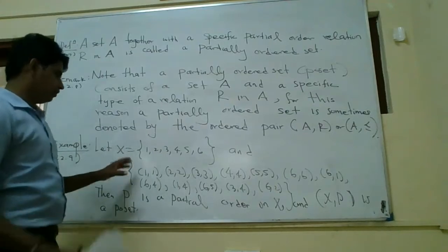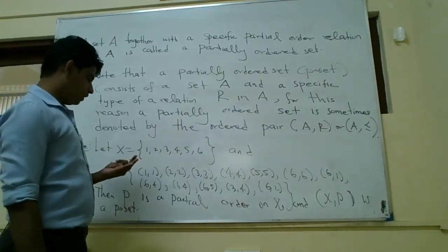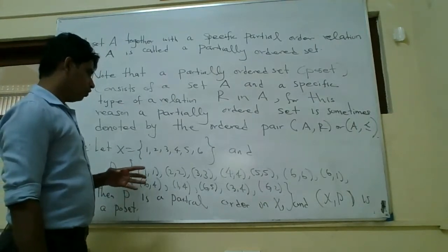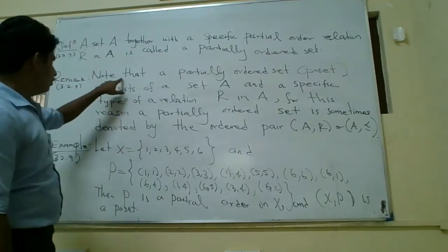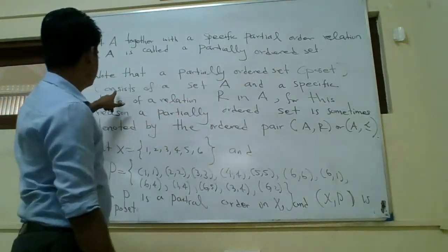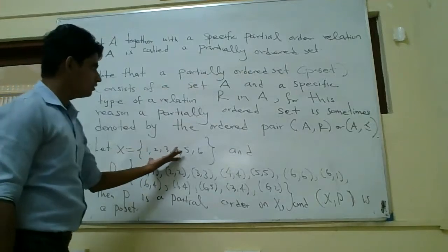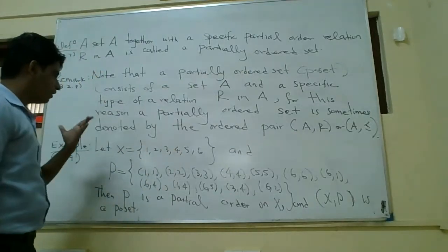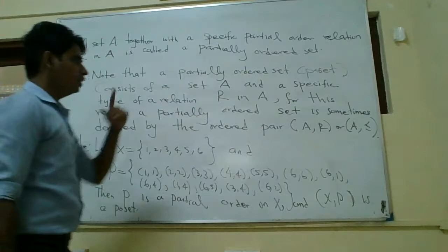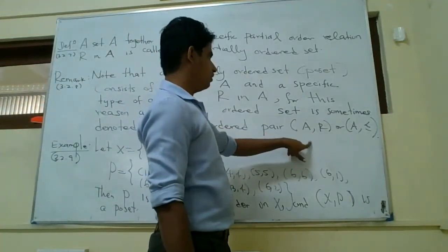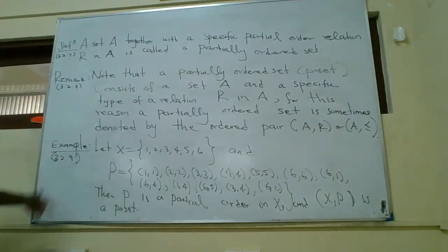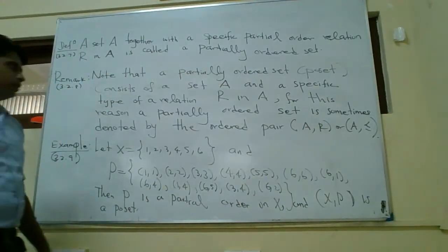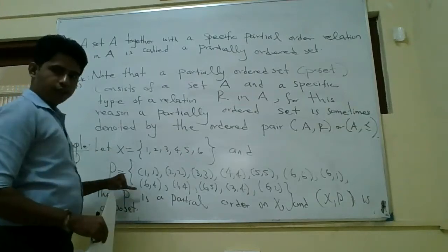You want to check that the reflexive, antisymmetric and transitive properties all exist, and then it is a partially ordered set. Here a partially ordered set consists of a set A, which means the set X, and a specific type of relation, which means the relation P. Therefore this A is your set X and R is your relation P. Therefore X, P is a partially ordered set, that means a poset. That's the thing you want to do for this example.